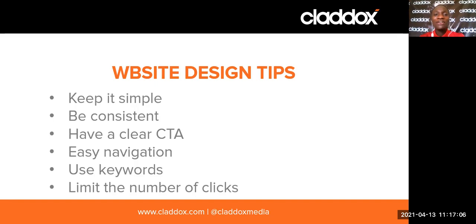Sometimes the button might not actually be in a button format, but in as much as it is something clickable, for every button there is always an embedded link. So when people click on the button, they are activating a particular link, ensuring that people can take a particular action on your website.